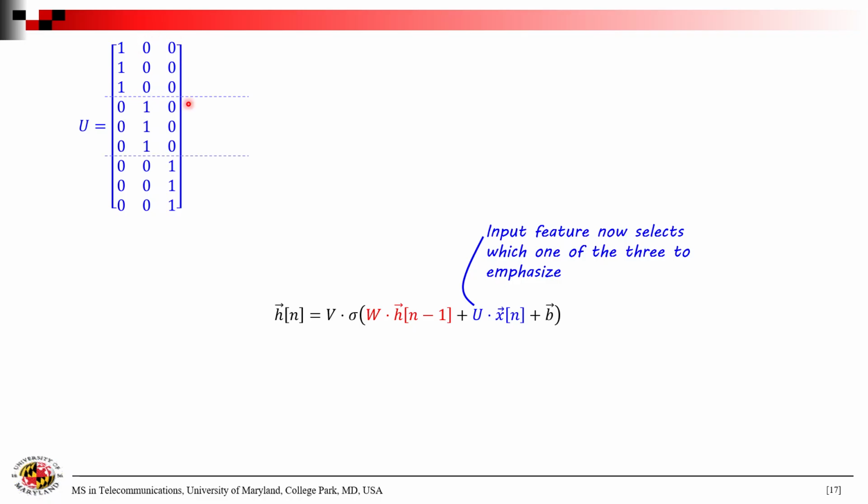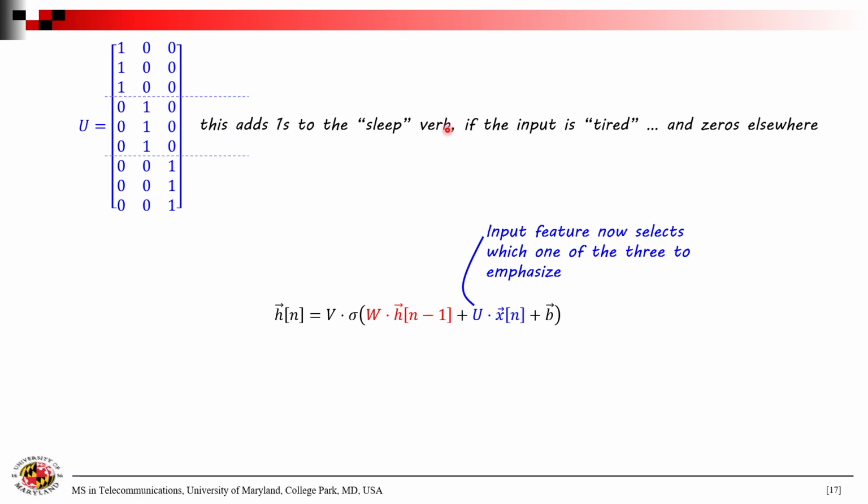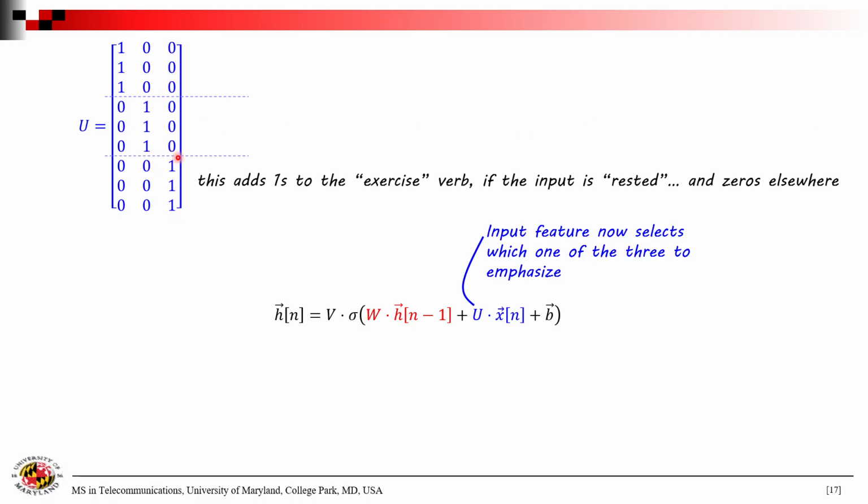The next third of the matrix U adds 1s to the sleep verb if the input happens to be tired, and zeros everywhere else. And finally, the last third of our matrix U adds 1s to the exercise verb if the input happens to be rested and energetic, and it adds zeros everywhere else.